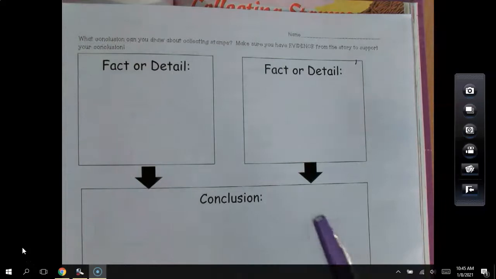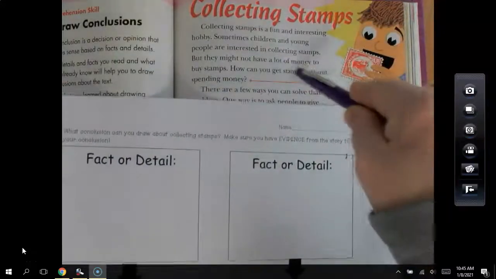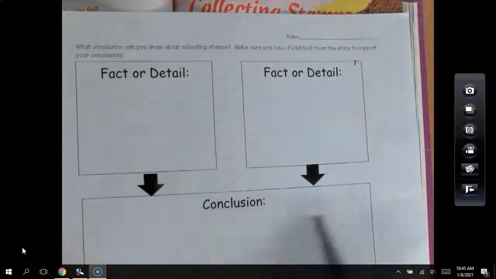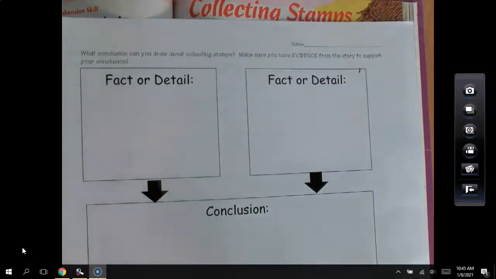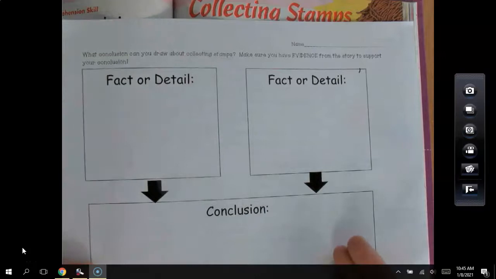Boys and girls, evidence means facts, true facts. I need to find evidence from my story so I can have my conclusion. That helps support my conclusion. That will tell me if my conclusion is correct or not.